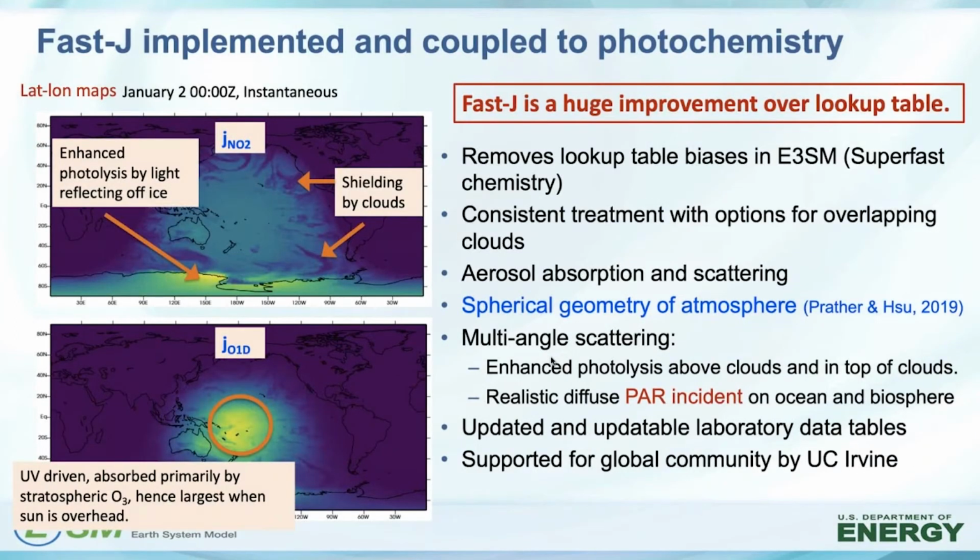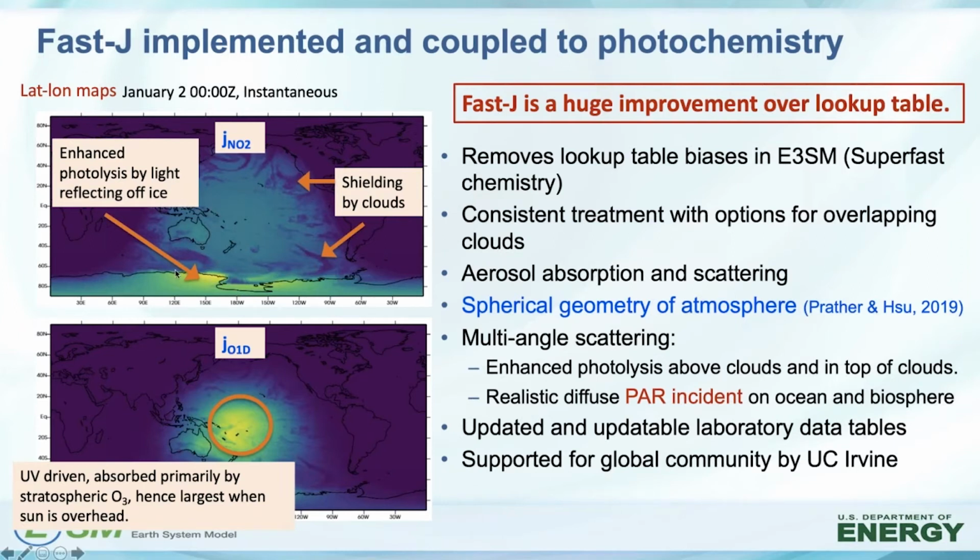For the FastJ implementation, on the left, I show the lat-long maps. The improvement from FastJ over the lookup table is that it reduces the bias in the clouds and aerosol interactions with the photolysis rate.